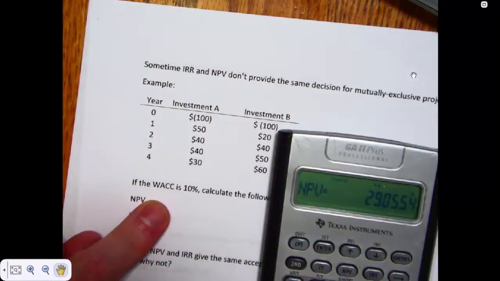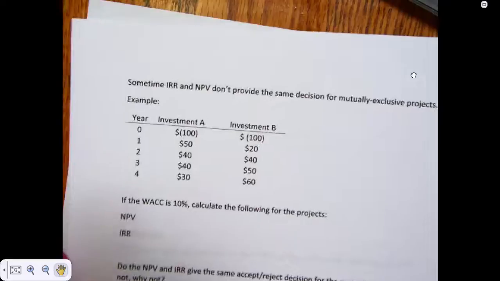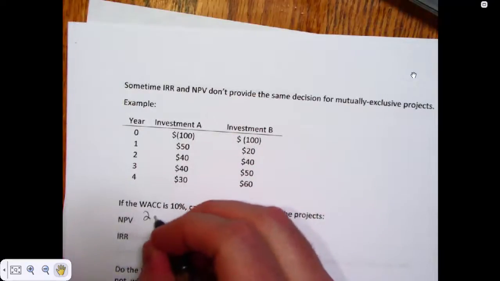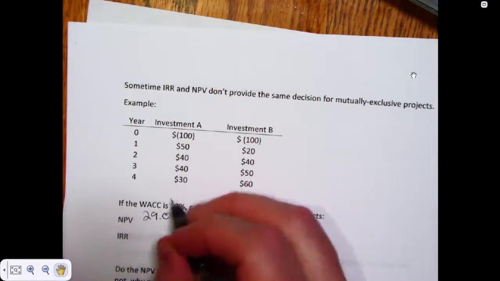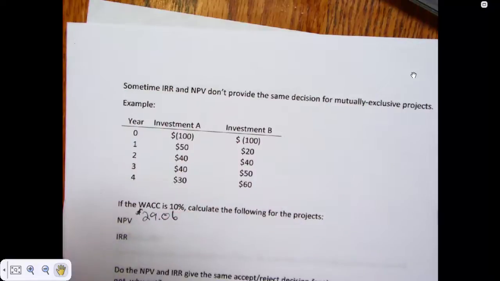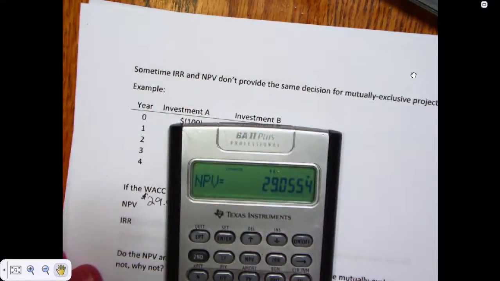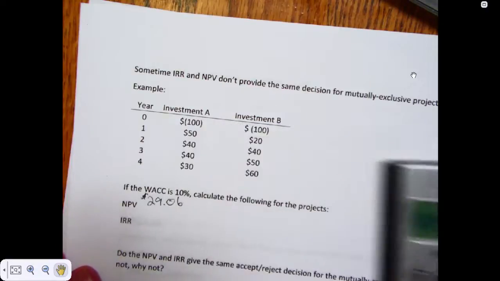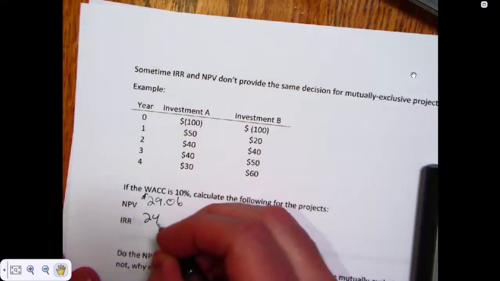I compute that. It's $29.06. For my IRR, I press IRR, press compute, 24%. That's a pretty decent IRR.